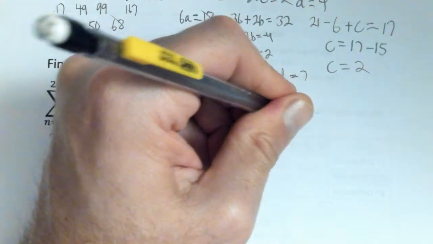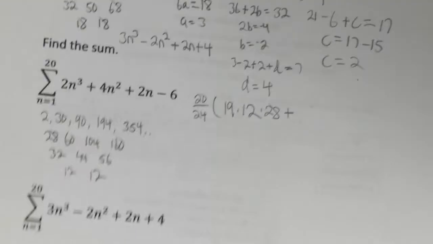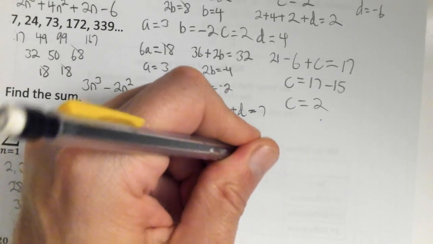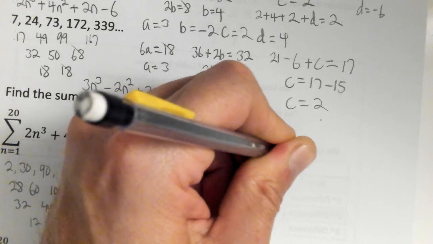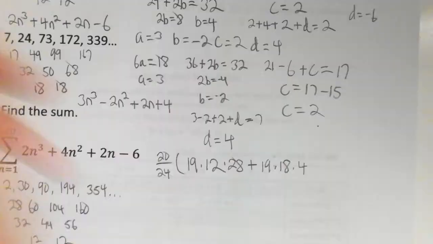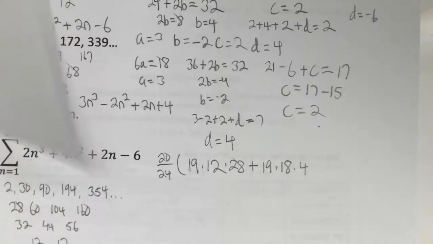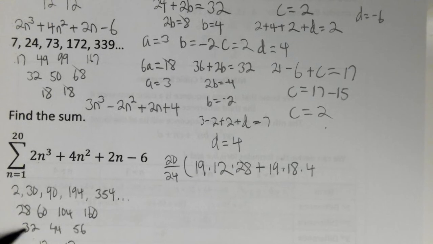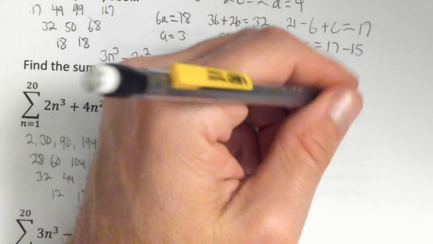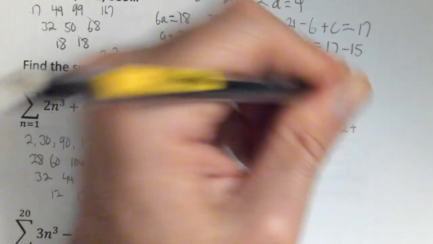Then I'm going to add that. Let's see what we need to add that to. We need to add that to n minus 1 times n minus 2 times 4c. n minus 1, 19, n minus 2, 18 times 4, and for the rest of it, 4 times c, and don't forget, c here is the second difference, and so my second difference is actually 32, so that'd be 4 times 32, and from here we're going to add some more stuff to it.